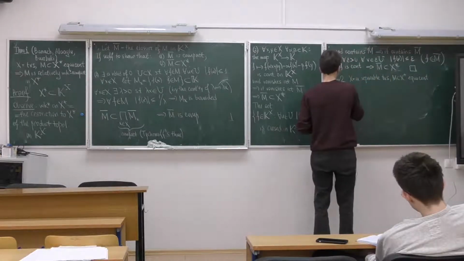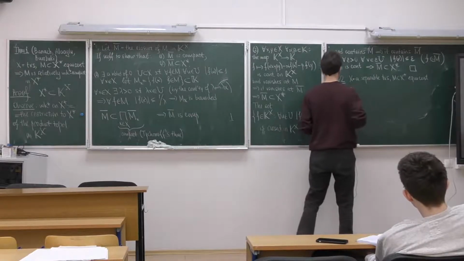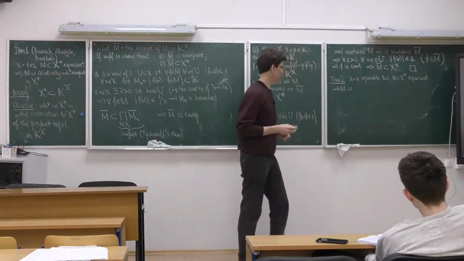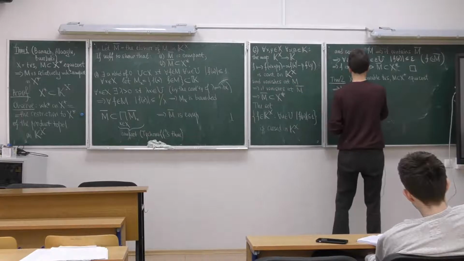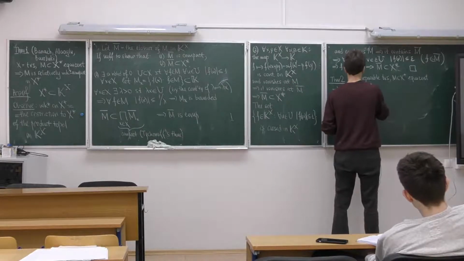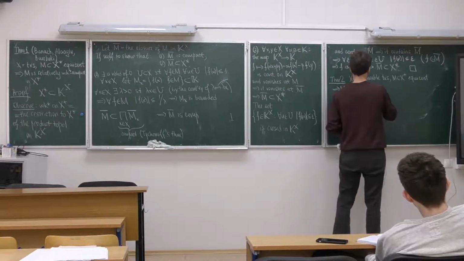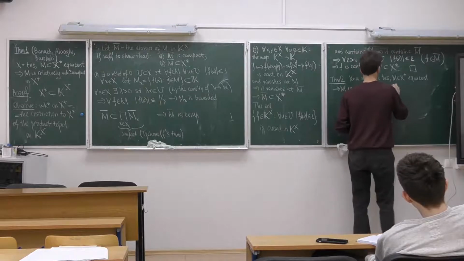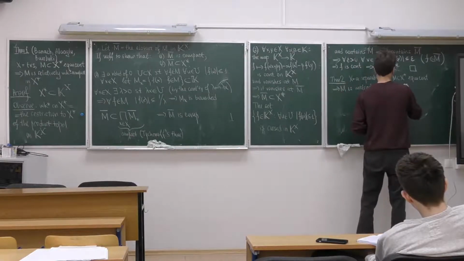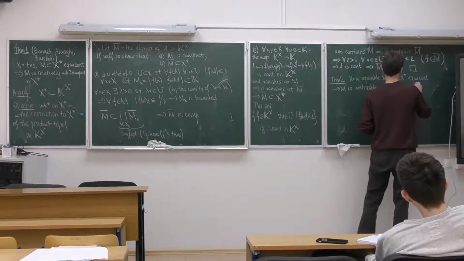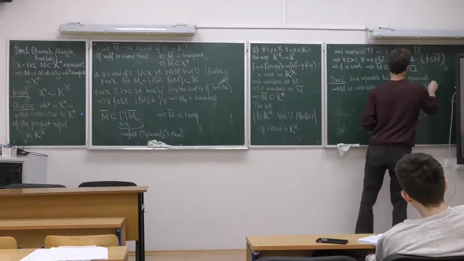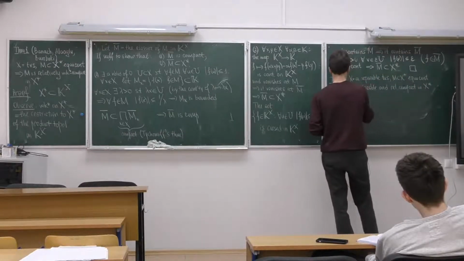Then I claim that M is not only relatively compact, but is also metrizable and relatively compact in X star with respect to the weak star topology.